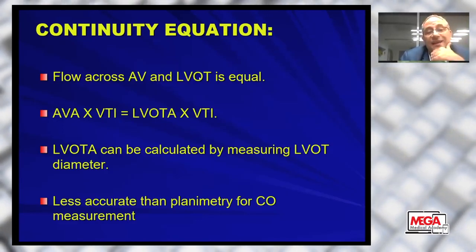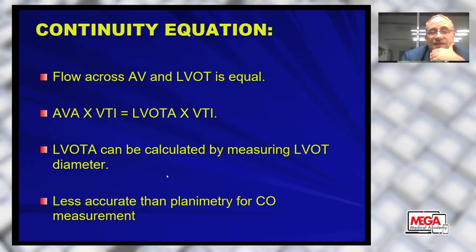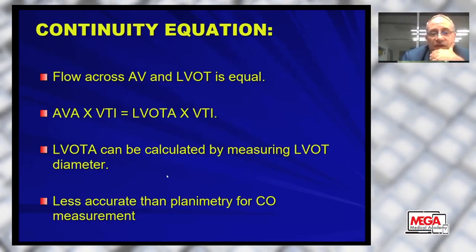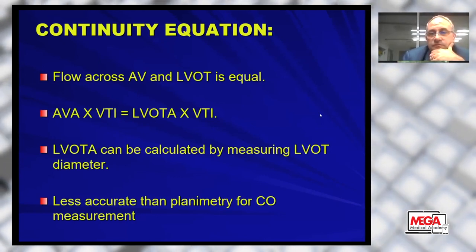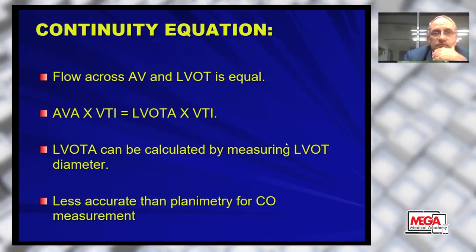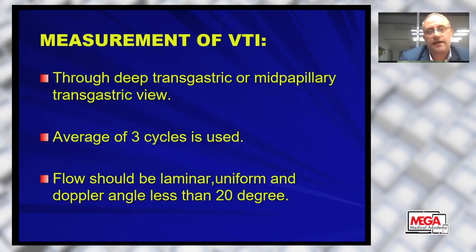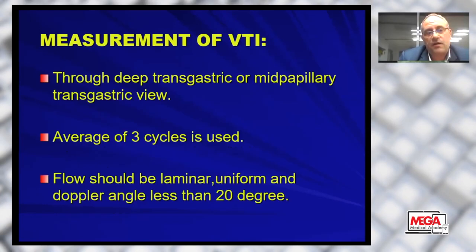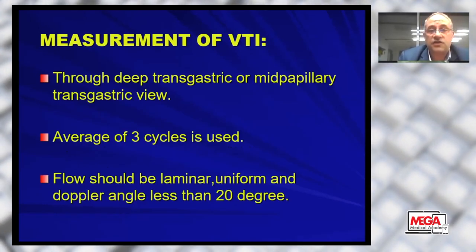I can calculate the aortic valve area as we showed before, but this is less accurate than planimetry of the aortic valve. So I have detected the valve area by planimetry or continuity equation. I have the cross-section area.